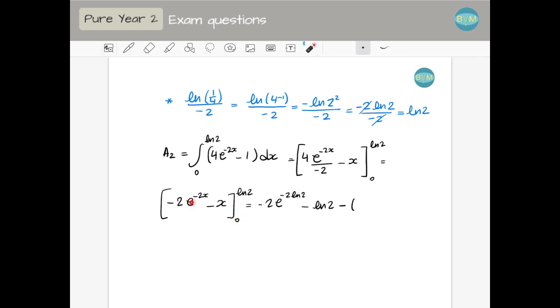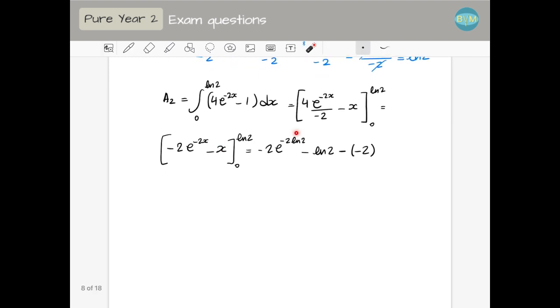When I substitute the 0 here, e to the power of 0 is 1, so it's going to be minus 2, and the other bit is going to be 0. This thing here, if you do it with the calculator, you are going to get the decimals, and you don't want that. So we are going to work with this.